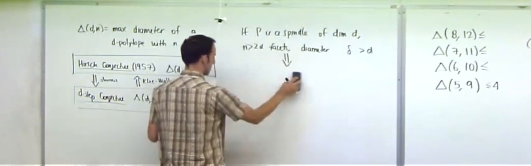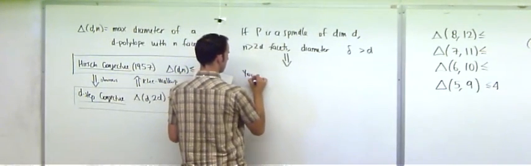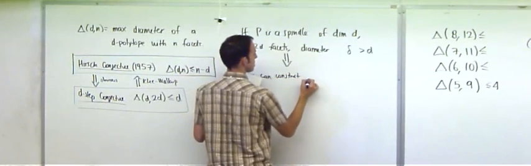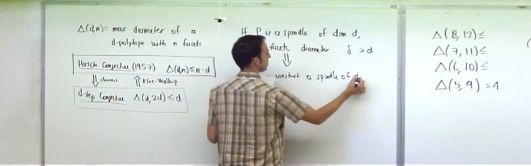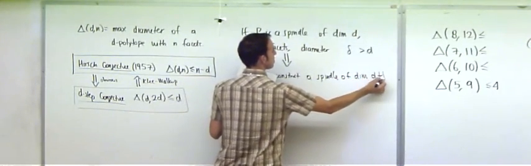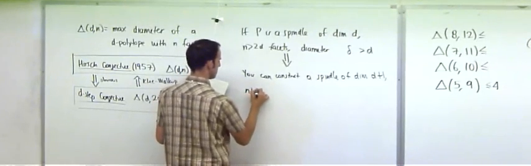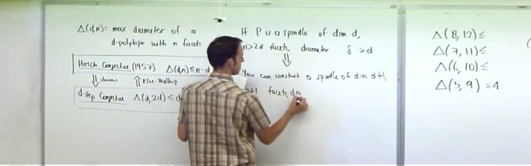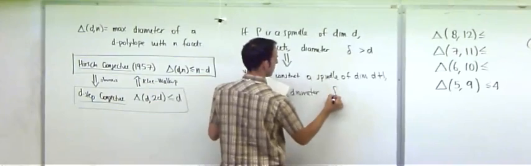I shouldn't say that it exists, because he tells you how to construct it. So you can construct from it a spindle of dimension d plus 1 with n plus 1 facets and diameter delta plus 1.